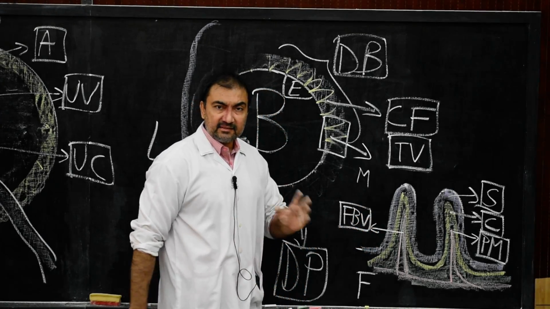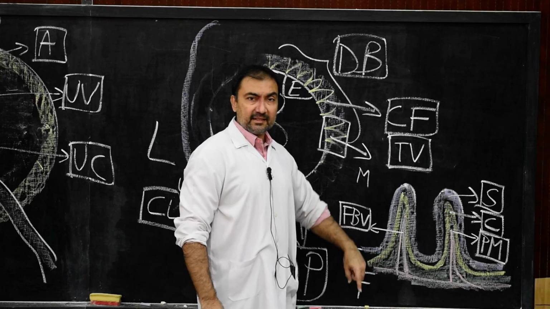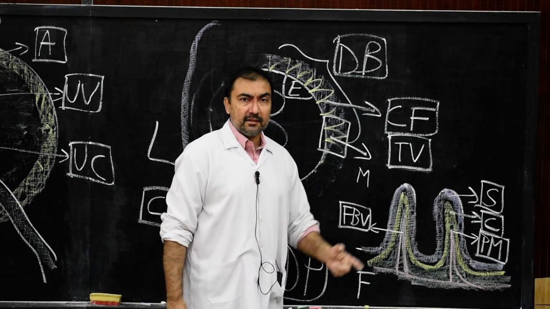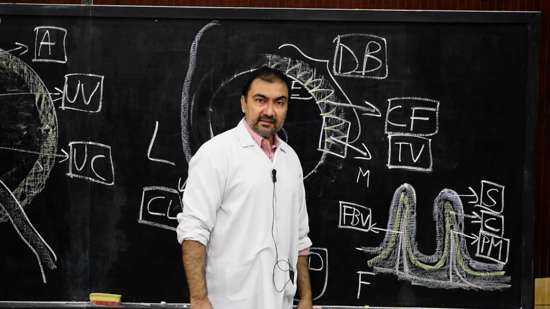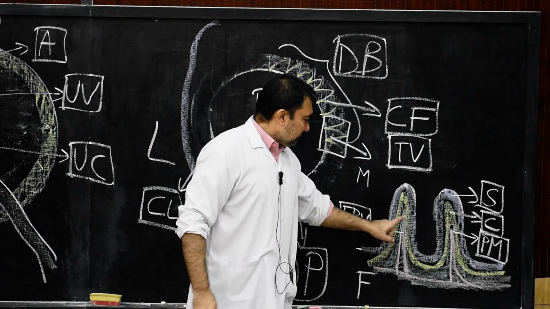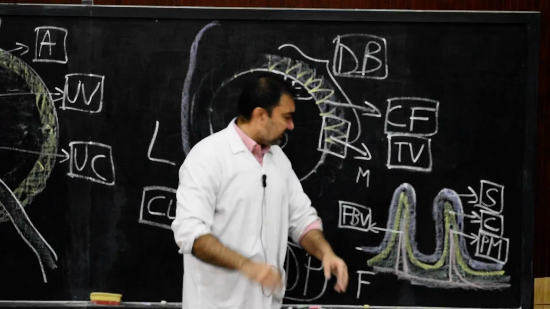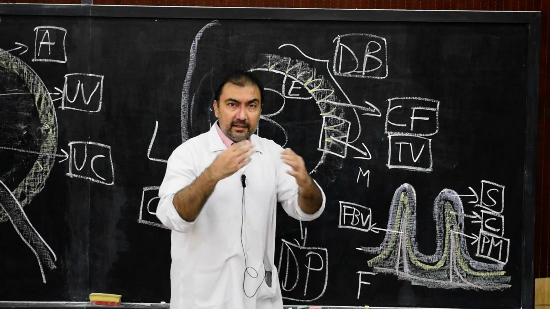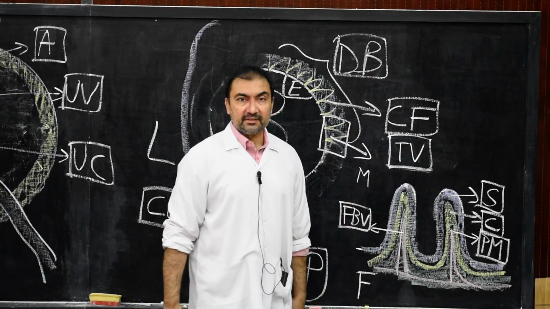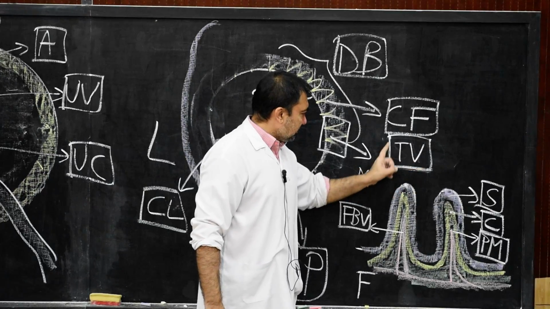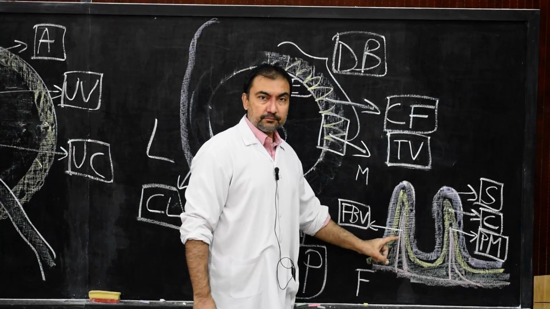So tertiary villi consists of 4 layers from inside to outside: the central core, fetal blood vessels, outside that primary mesoderm, outside that cytotrophoblast, and outside that syncytiotrophoblast. This is the tertiary villi stage.